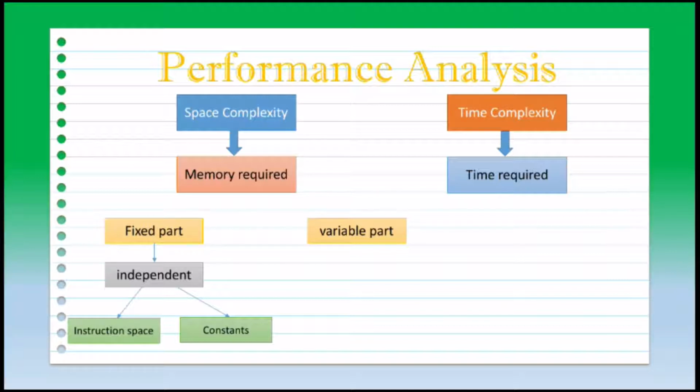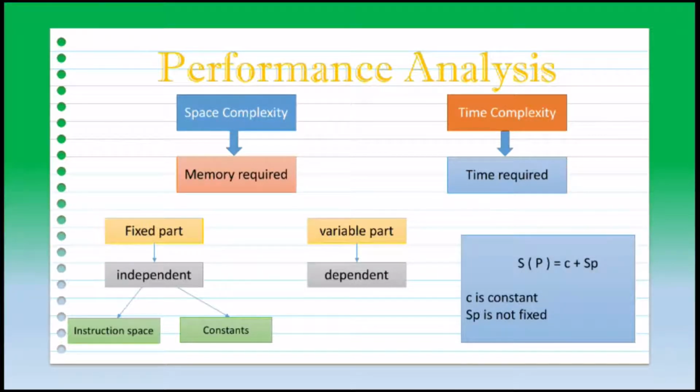Now we will see the second part, the variable part, which is the important part while calculating space complexity. It is a variable whose size is dependent on the particular problem instance being solved. That means the size of the variable depends on the input. So when the value of input changes, the space required by that variable also changes.